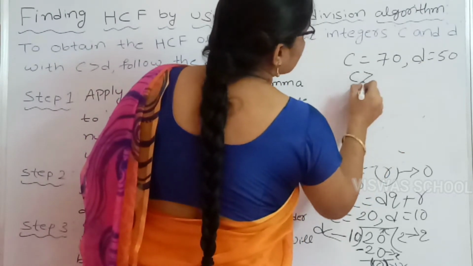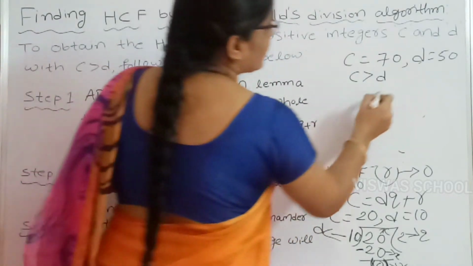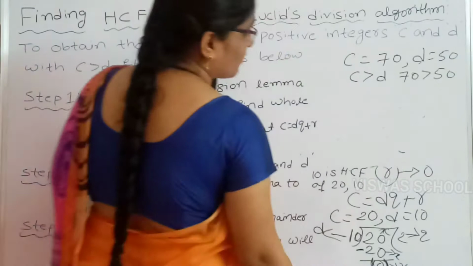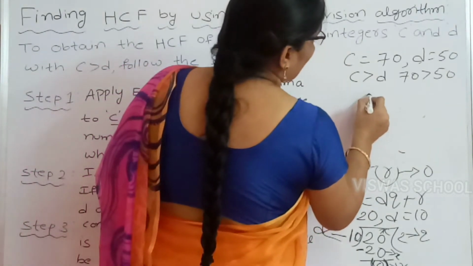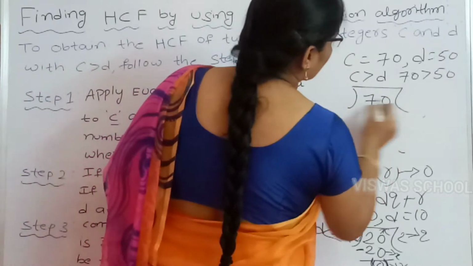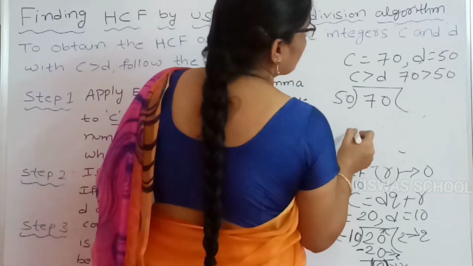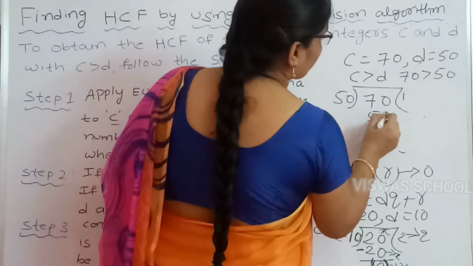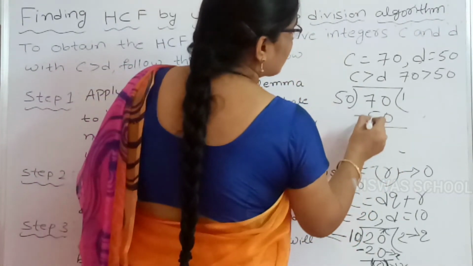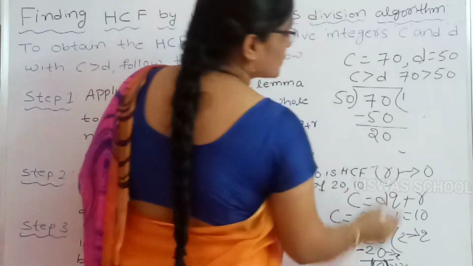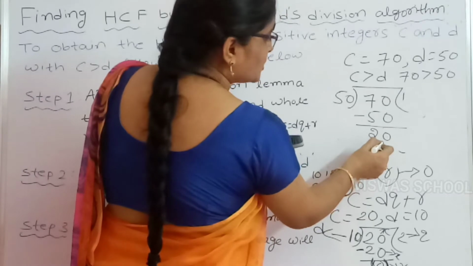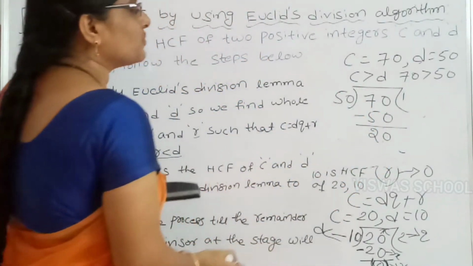That is, c is always greater than d, that is, 70 is greater than 50. 50 ones are 50. Now the remainder is 70 minus 50, which equals 20. Here the remainder is not 0, the remainder is 20.